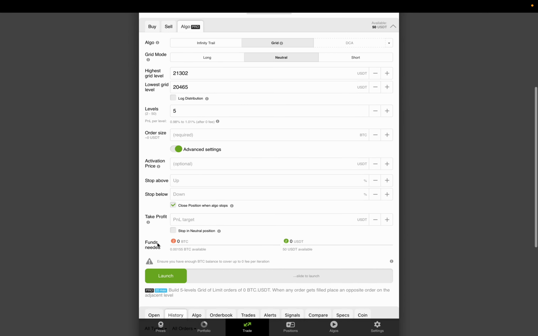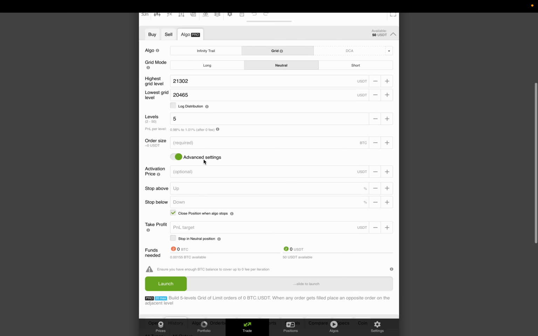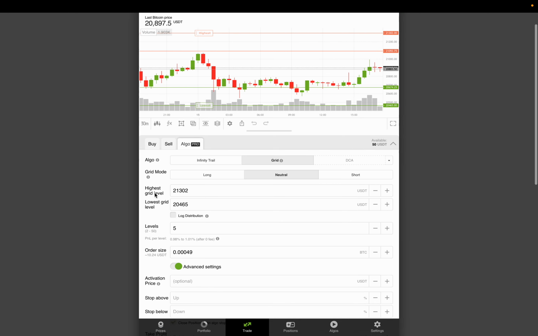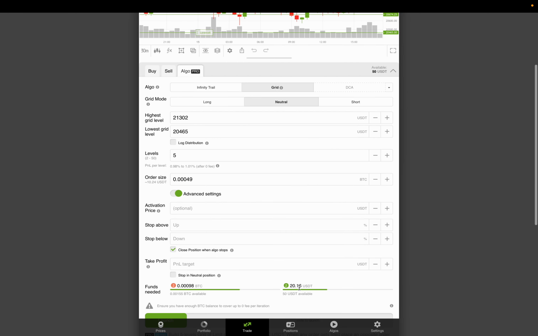And if you go lower, you can actually see here, if we choose the order size, you immediately see that the grid says that you need funds in both BTC and USDT. Moreover, it says you need BTC for 2 grid levels and USDT for another 2 grid levels, and calculates how much you actually have.